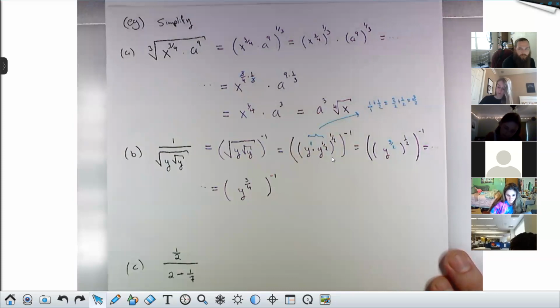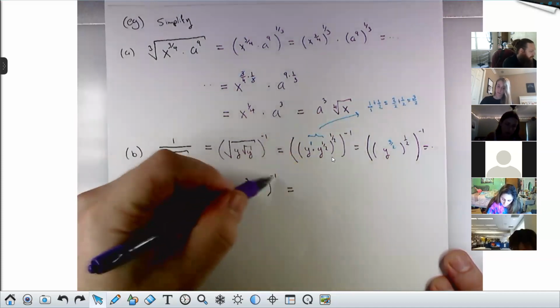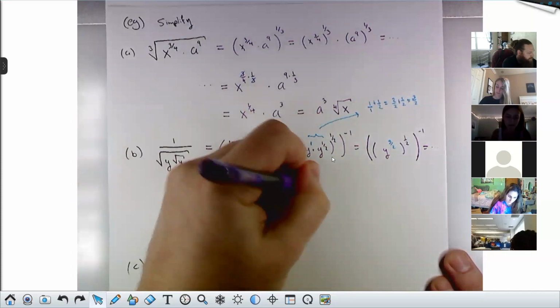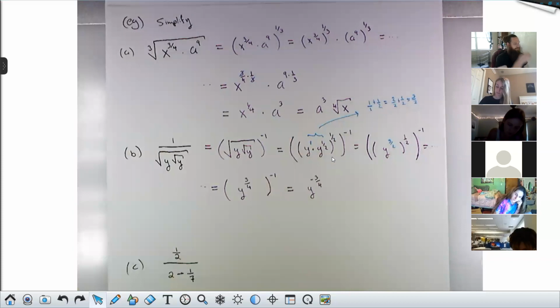Right, fractions multiply straight across. So 3 over 2 times 1 over 2 is 3 over 4. And then finally, using that same rule, I can multiply this power and this power. So this is y to the negative 3/4.